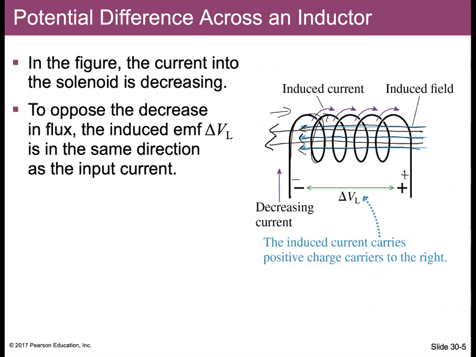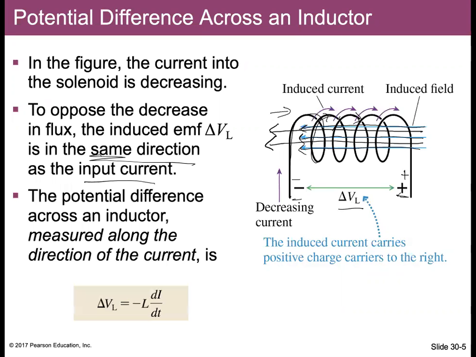And so our induced current will also go in the same direction as we had as the initial current, the input current. So it's now going in the same direction. And the induced delta V sub L is also going to be taking positive charges over here to the right and negative charges on the left.